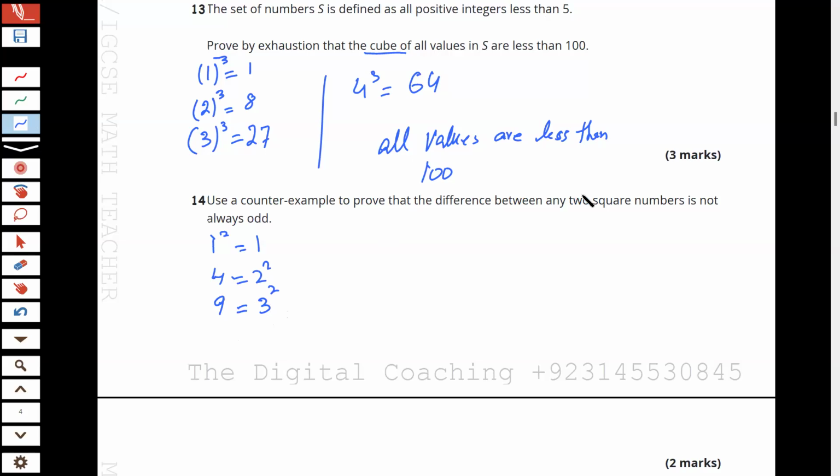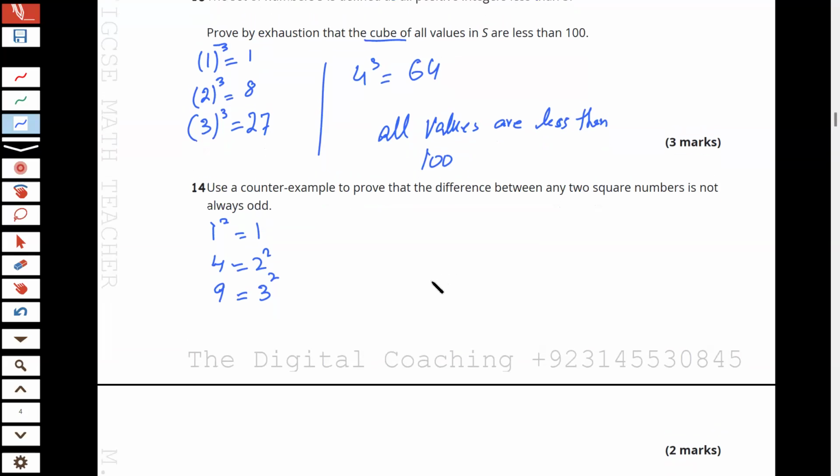So yes, which are the two numbers whose difference will be not odd? You can use 16 and 4. We can take 9 minus 4 as well. It is 5. And we have to take 16 minus 4. That will be equal to 12. 12 is an even number.